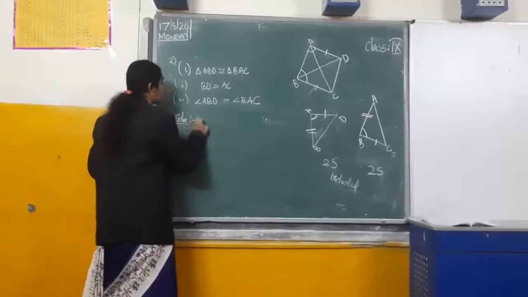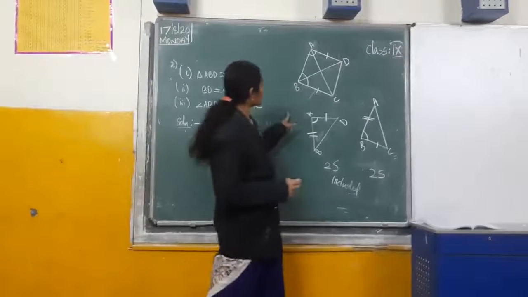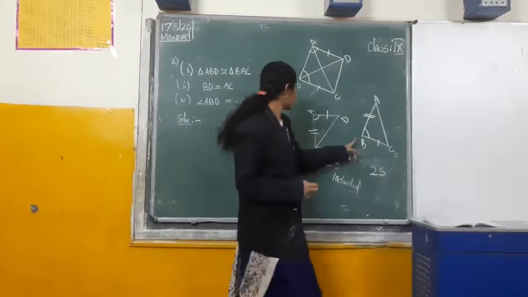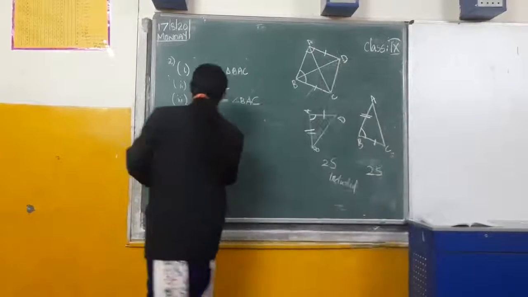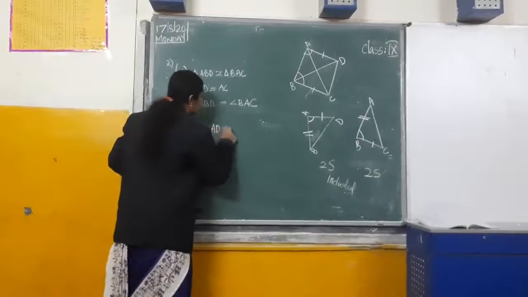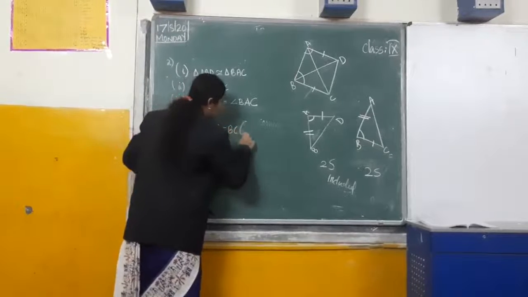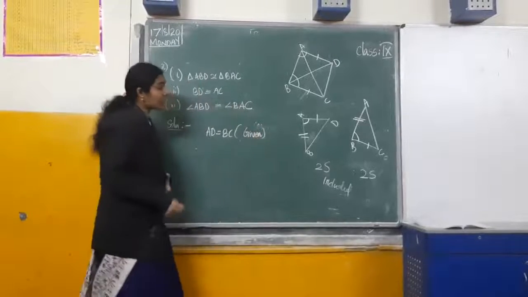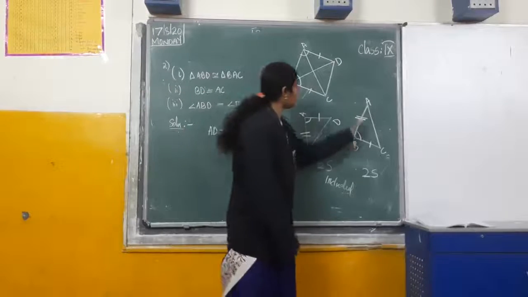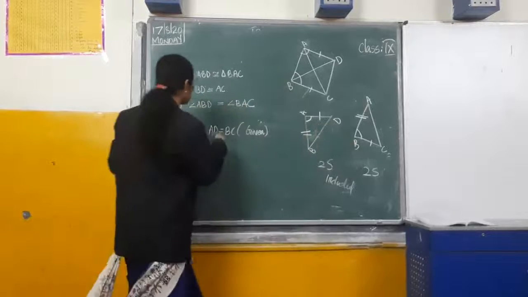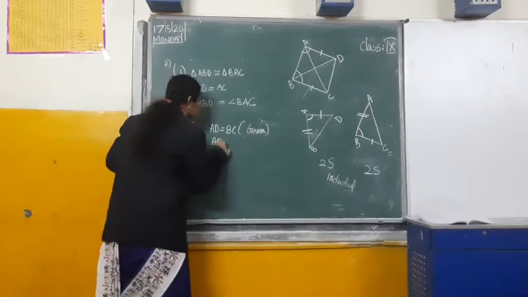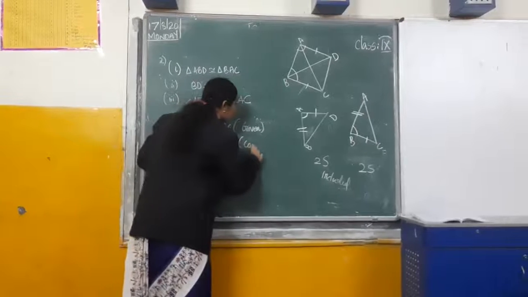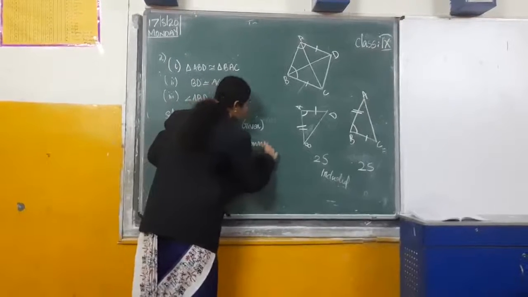So, the solution for this one. See here, AD equal to BC. They have given that. So what is the reason for that? Given. Next, AB equal to AB. What is the reason? Common side.